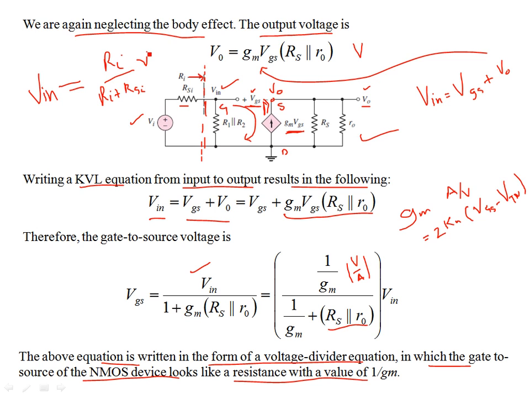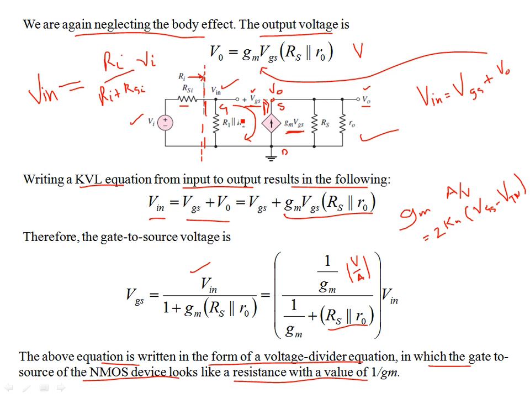Now, like I've said before, if RSI is small compared to Ri, then the loading at the input is minimal. Okay, that means the input voltage available for the amplifier is completely available. I mean, it's not being loaded. The input voltage at the amplifier is Vi. Okay, it's not a fraction of Vi, it's Vi.